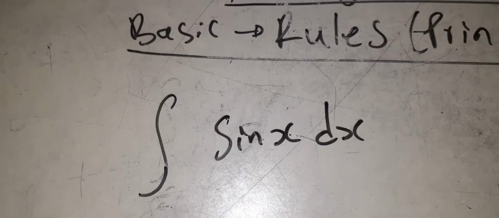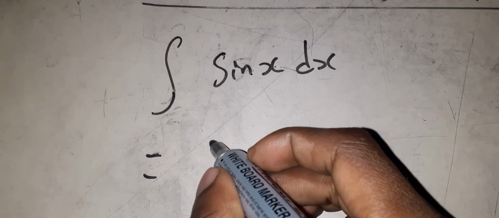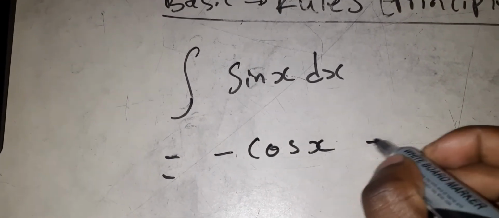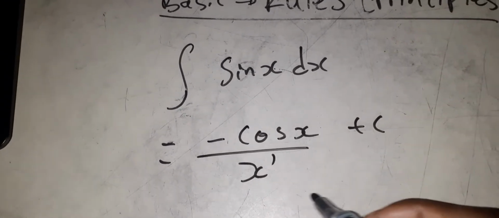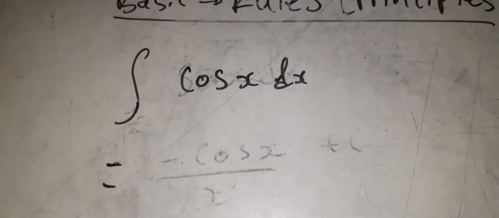So if we have sine dx, if asked to integrate, we'll say it's equal to negative cos x plus c, but remember, divide by the derivative of x. But if it was differentiation, you will multiply by the derivative.